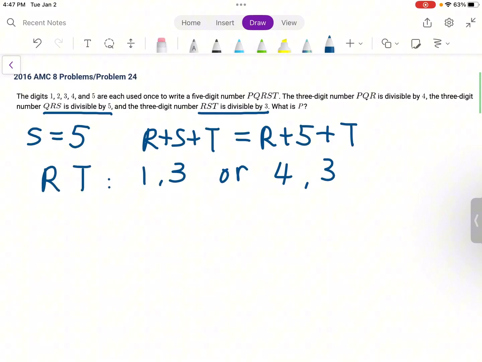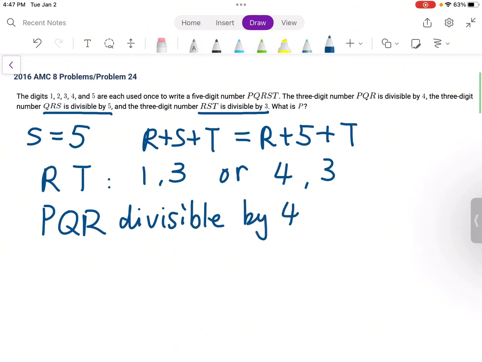Now let's look at PQR. PQR is divisible by 4. That means QR is also divisible by 4. Because QR is divisible by 4, R should be even. Now R can only be 1 or 3 or 4, so R must be 4.